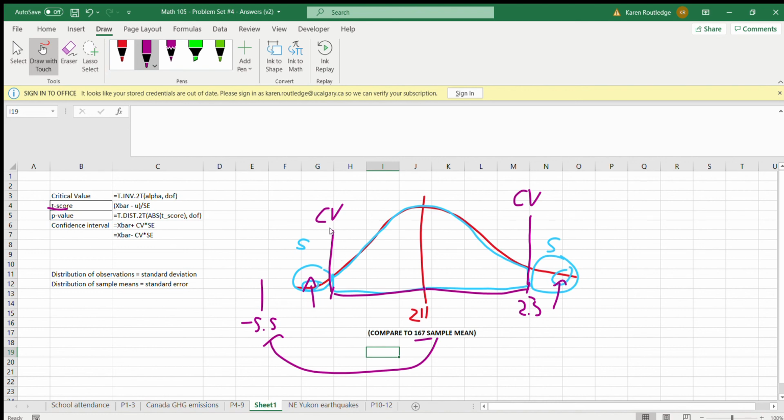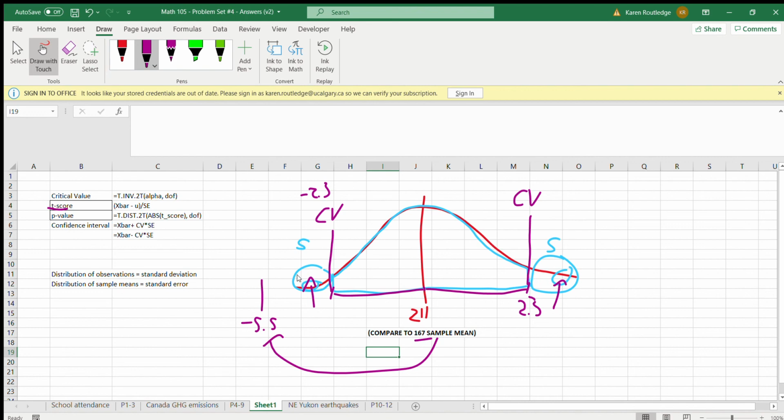Well, our critical value was 2.3 over here, which means this is negative 2.3. So if that's our cutoff, we're at minus 5.5. So we're definitely more extreme than our critical value. We are in the rejection region, and so we will, in fact, reject the null hypothesis. So that's the first method.